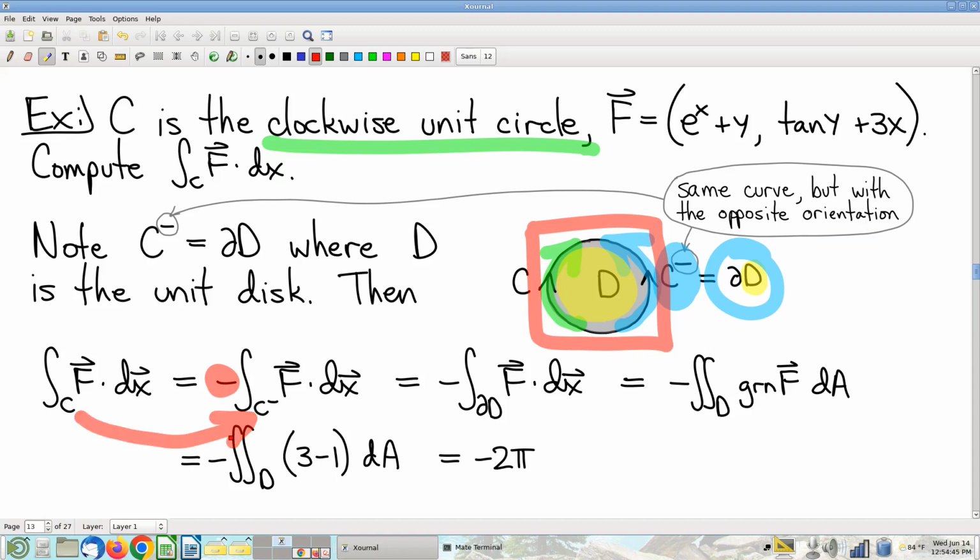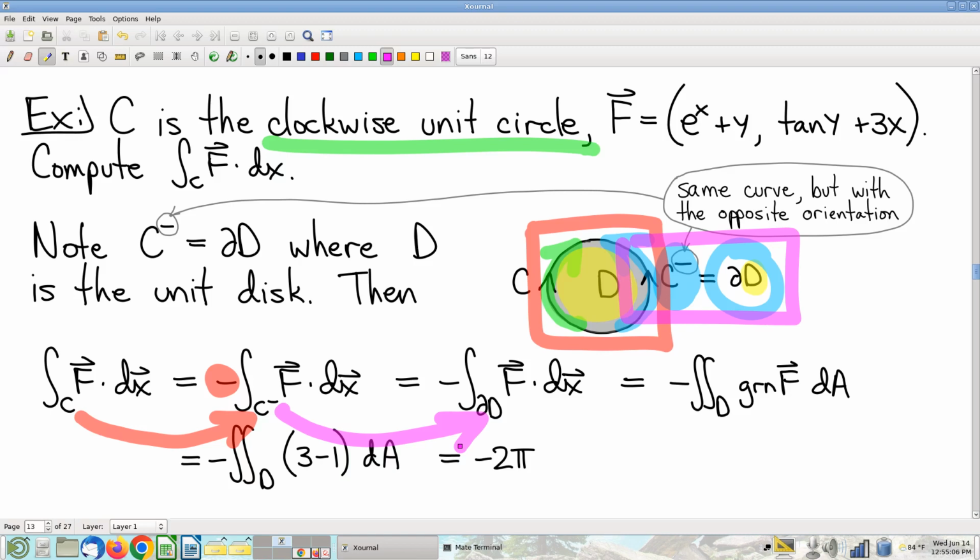I can replace C with C minus. And then secondly, C minus, being a boundary, I can rewrite the integral over C minus as literally an integral over a boundary.